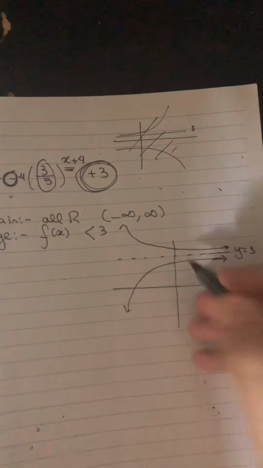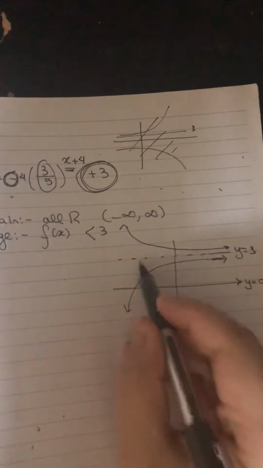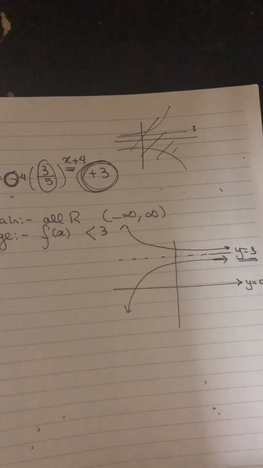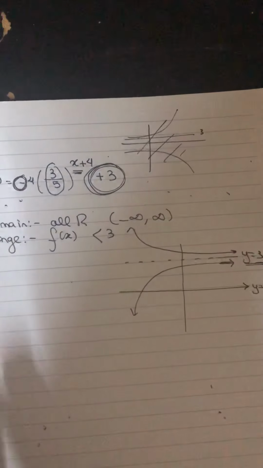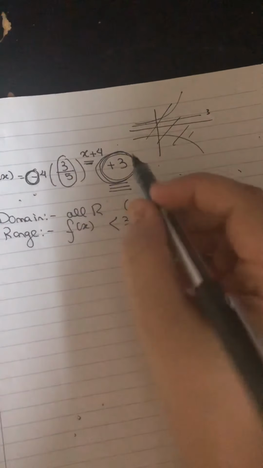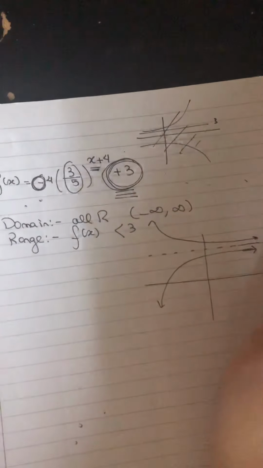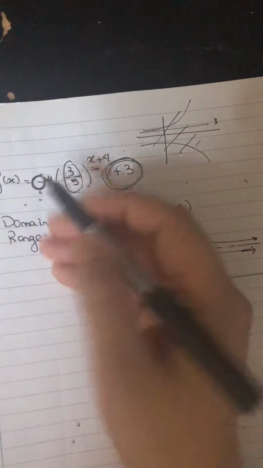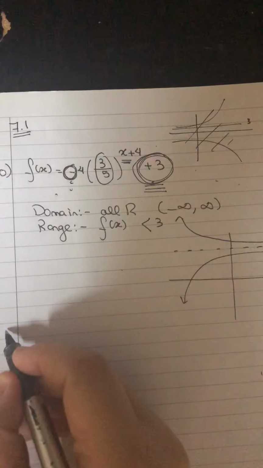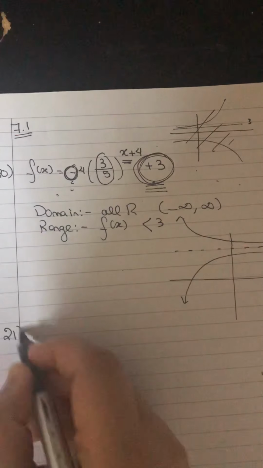So this graph is less than 3, because it will never intersect the 3, and anything less than 3. So y less than 3 is the range. So this helps you with the range. If it's not there, then it's y greater than 0, and if there is a negative, y less than 0, if there's no number outside the function that is responsible for vertical translation.